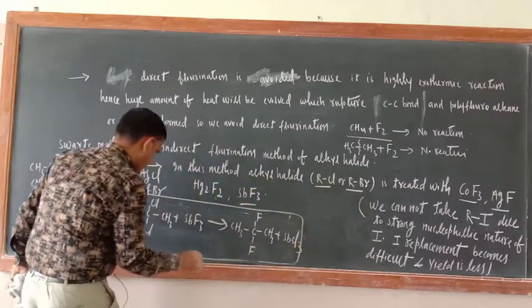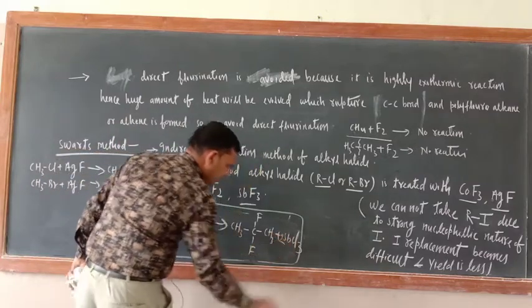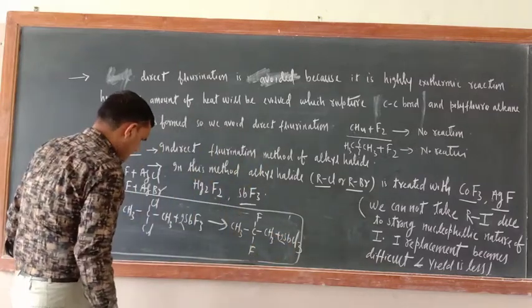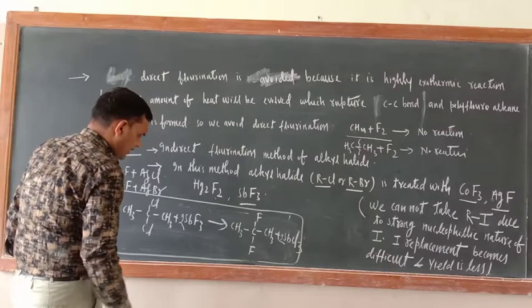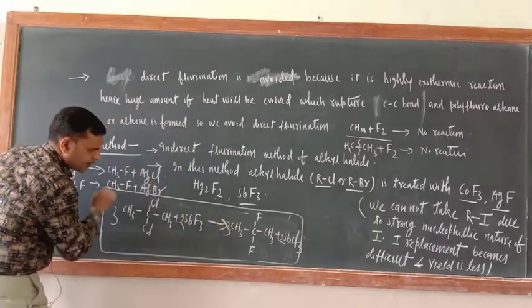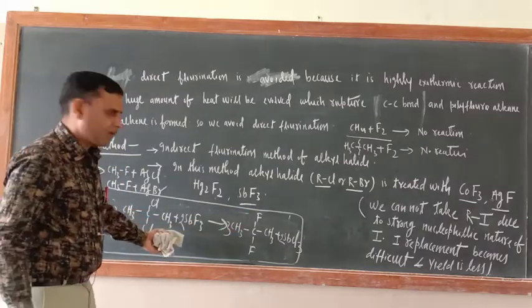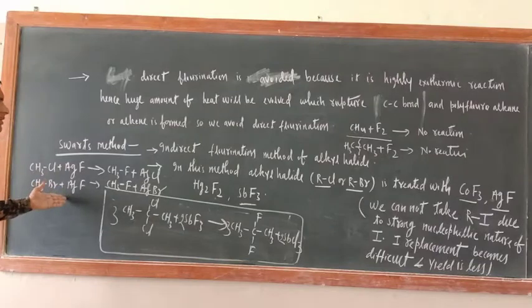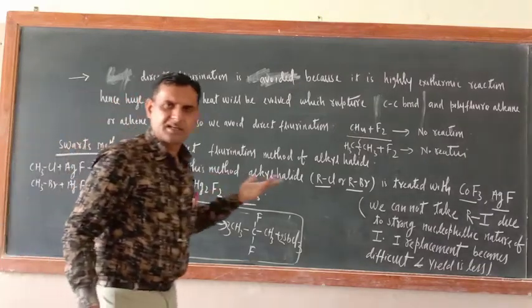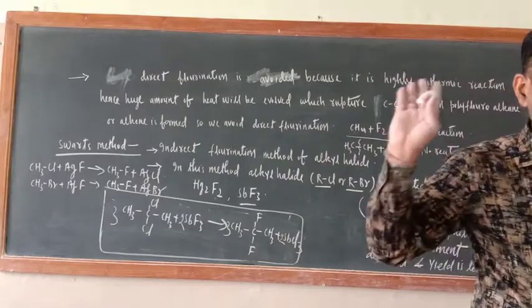So now write 2 here, write 2 here. So now 2 SbF3 and 3 CH3CCl2CH3, write 3 here, write 3 here. Yes, everything is balanced. So it is better if you want to write these. Otherwise these reactions are better, easy. So in this way, the methods of preparation of alkyl halide are over.